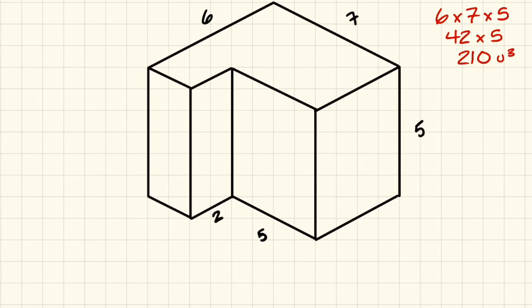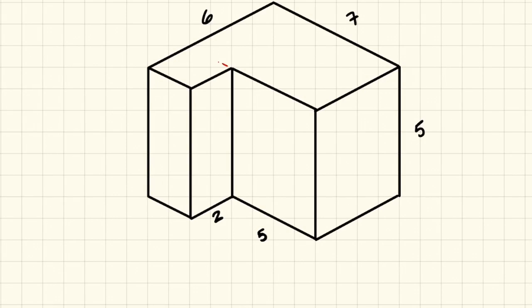The problem is this shape isn't consistently 6 by 7 by 5, because it has some indentions that take those dimensions away. So that's why that's not correct. So what we need to do is think about how we can turn this into 2 different shapes.